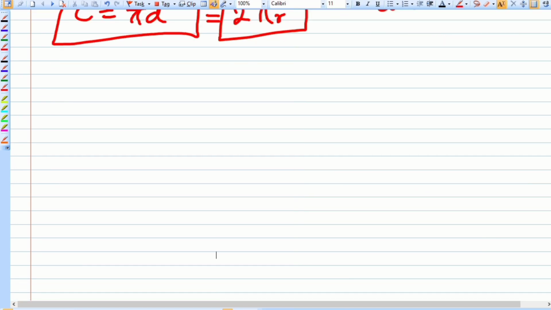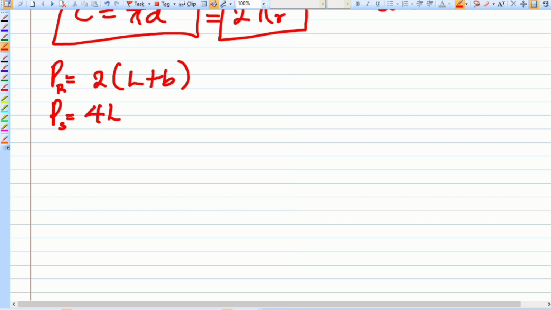So in summary, the perimeter of a rectangle is given by 2(L + B). The perimeter of a square is 4L. And the perimeter of a circle, which is known as the circumference of the circle, is pi d, or 2 pi r.